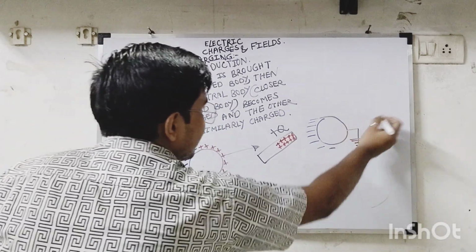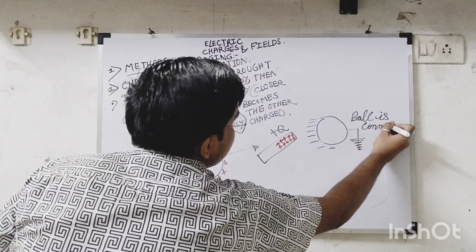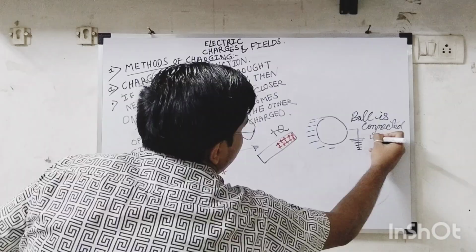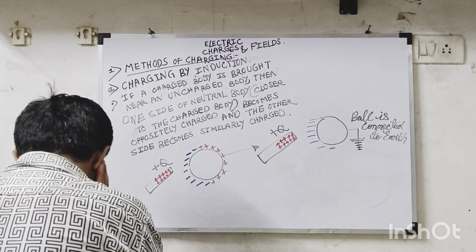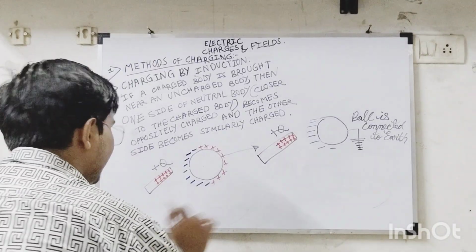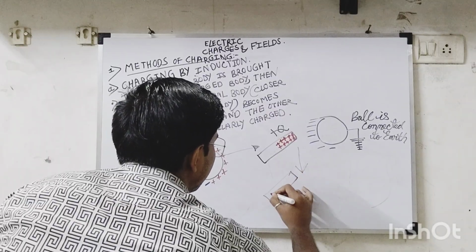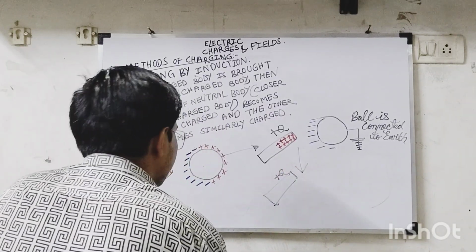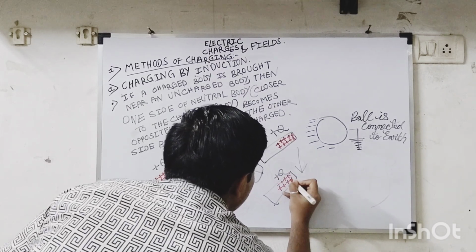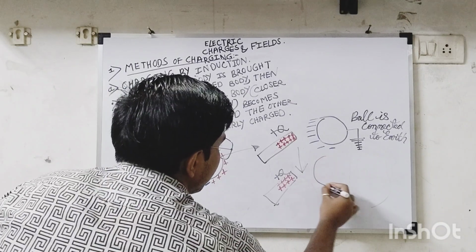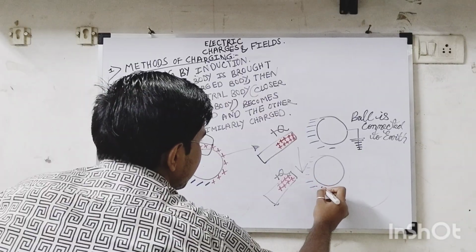What do we call this? It is called earthing. The ball is connected to the earth, or the conducting sphere is connected to earth. Now what will happen? See, now comes the magic. Again we draw plus Q, that is plus plus plus plus, and now the circle again, minus minus minus minus.